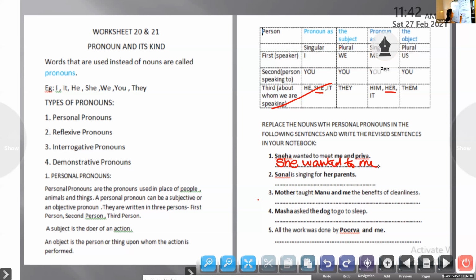Me and Priya are the objects here. So it should be replaced by an object pronoun. So what do we use there? Come on, tell me. Adi Shankar. She wanted to meet me and Priya. So instead of me and Priya, what do you use there? She wanted to meet.